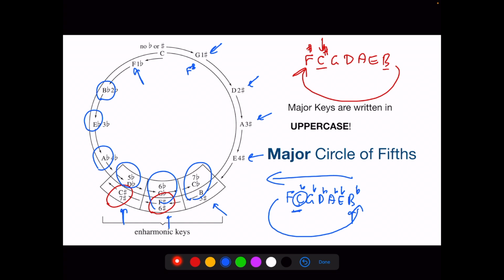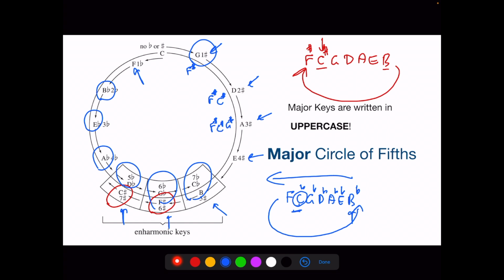And the order of sharps comes in really handy because it tells you which notes are going to be sharpened, right? So fat cats go down and eat birds: F, C, G, D, A, E, B. G major key, which has one sharp, is going to be F sharp. D major, 2 sharps, that's going to be fat cats. A major, fat cats go.